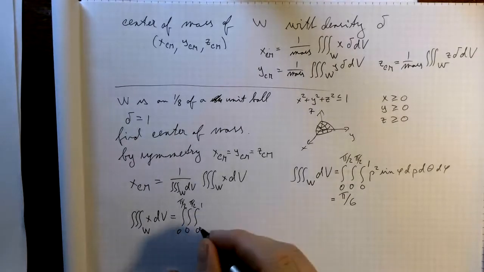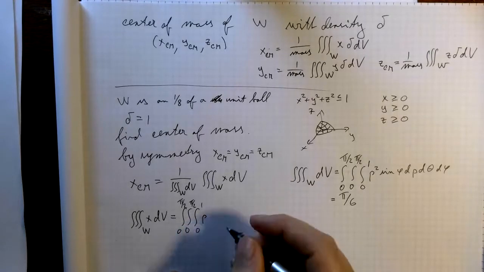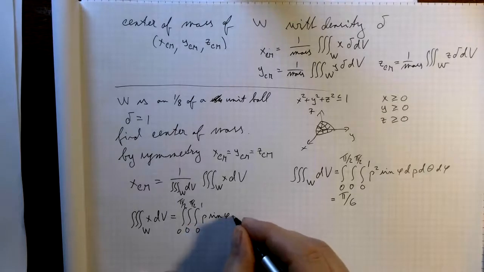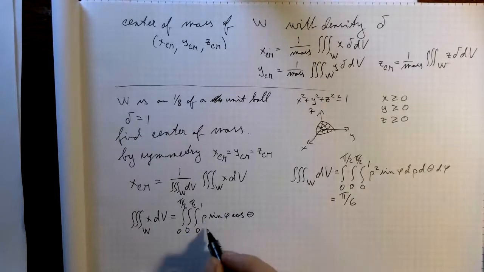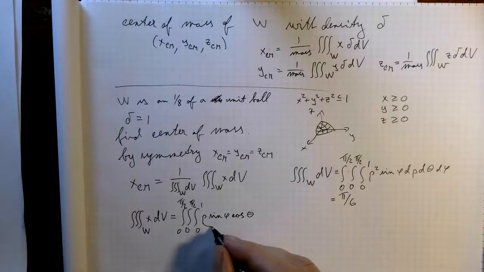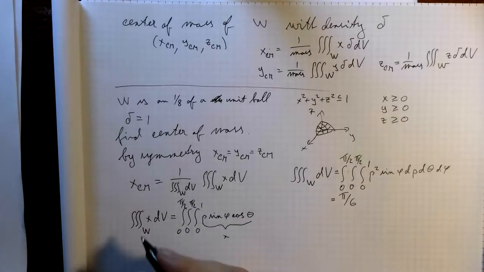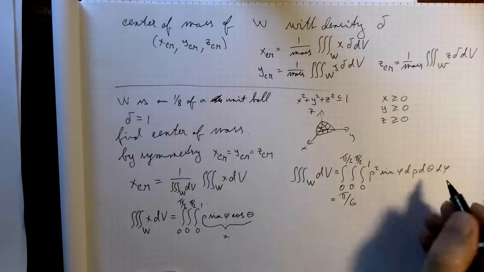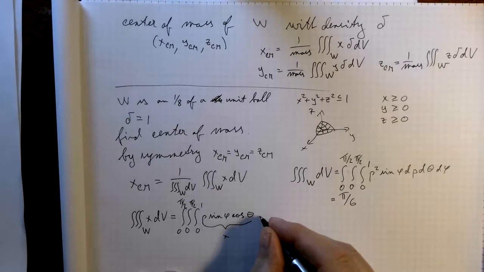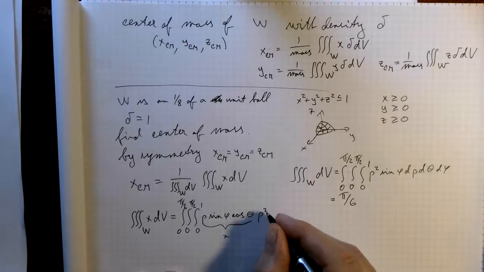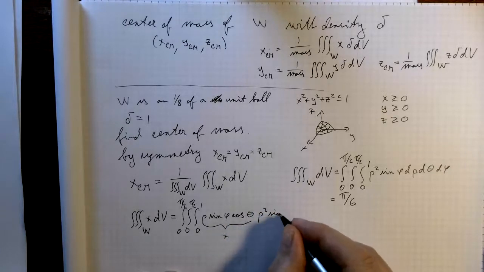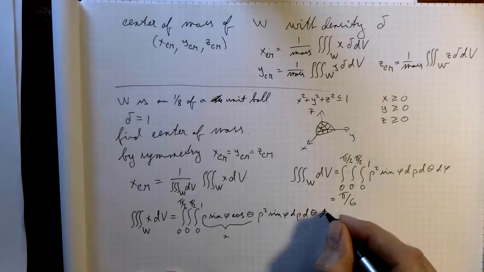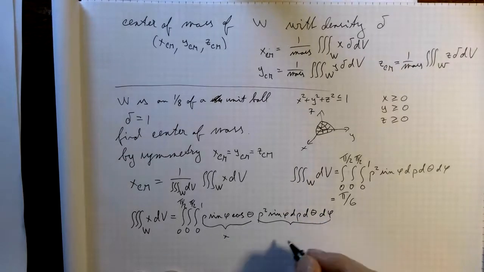We get rho sine phi cosine theta. That's x. And then I have dV, and that's rho squared sine phi d rho d theta d phi. This is the dV.